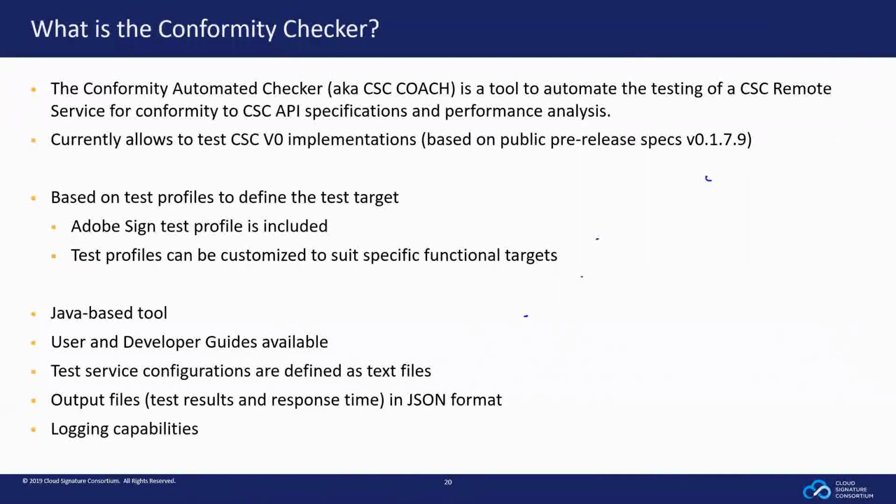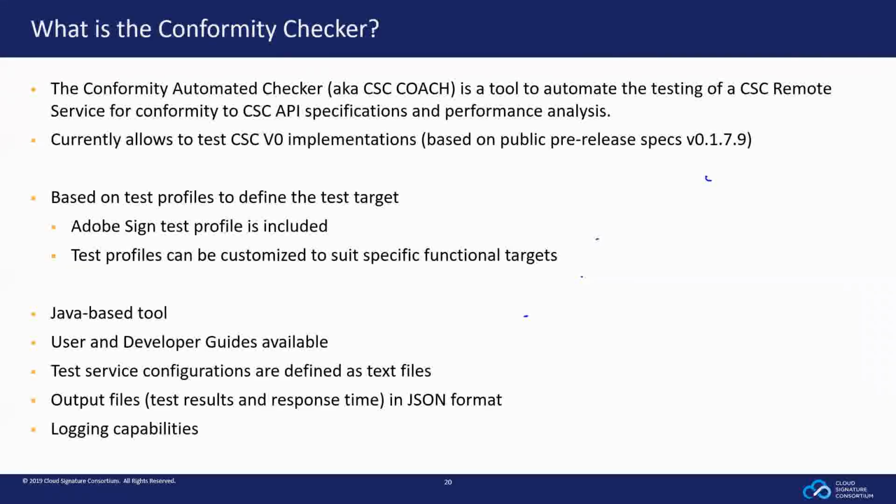This tool is essentially based on test profiles to define a test target. For example, I mentioned before that Adobe Sign has its own CSC profile. With the conformity checker, you have the ability to apply a test profile for Adobe Sign.